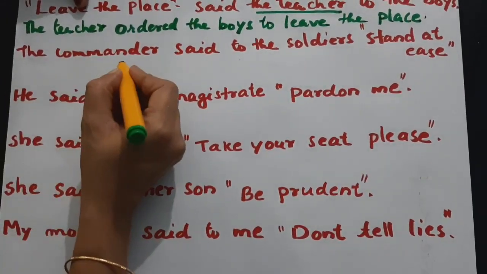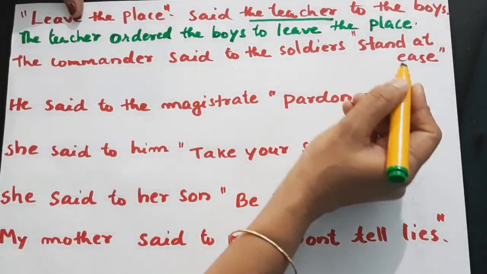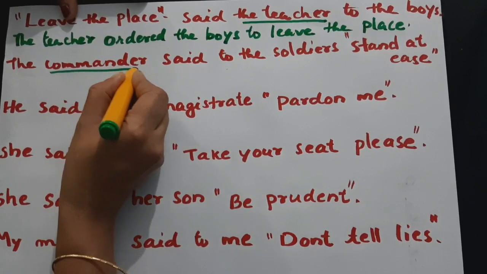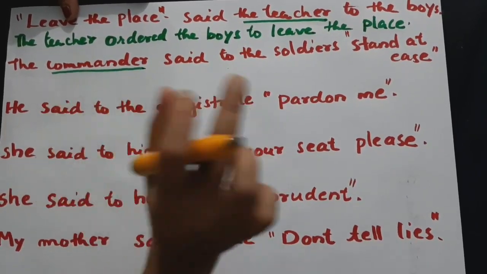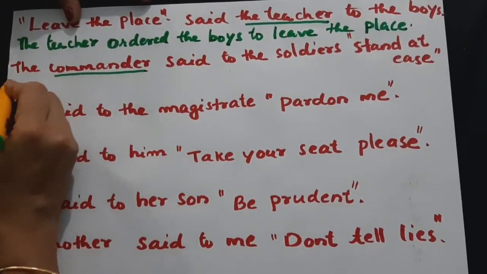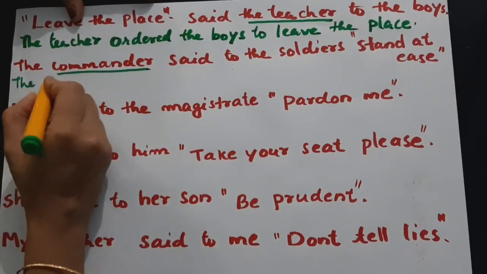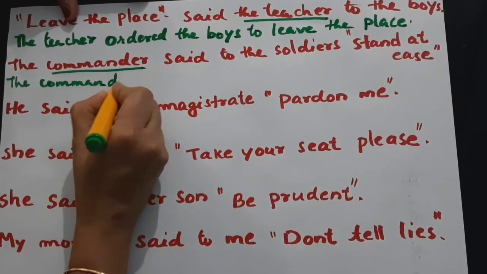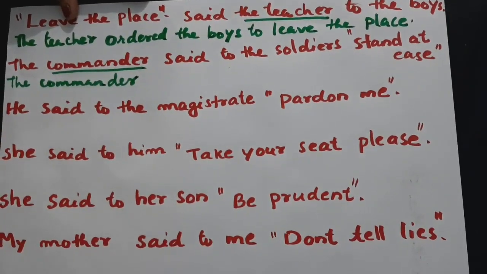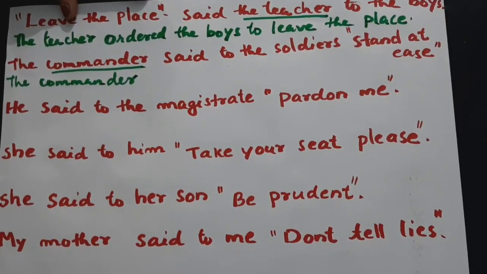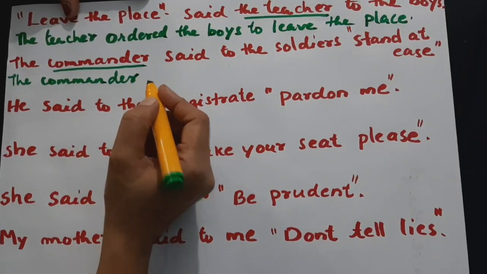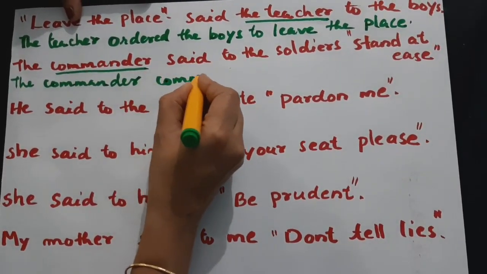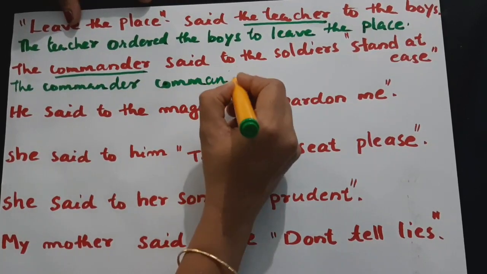The commander said to the soldiers, stand at ease. See, commander itself is here. So you know that this is a command. Okay. So how do you write? The commander, it cannot use ordered here. So how do you write the commander? Commanded. Once again, we need to repeat this.